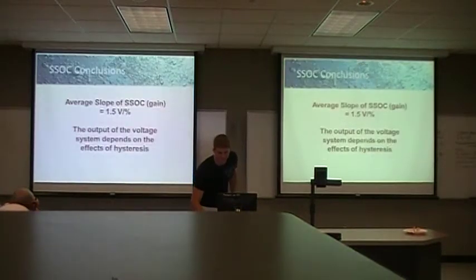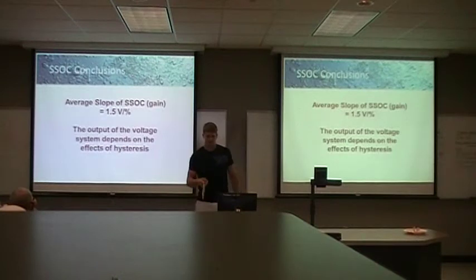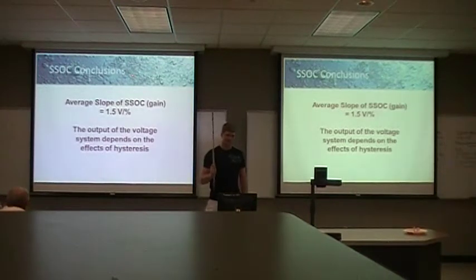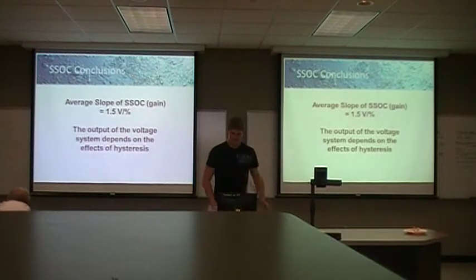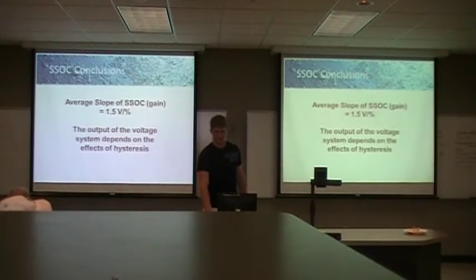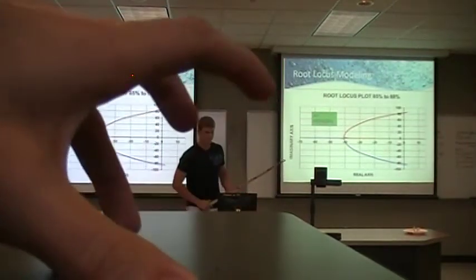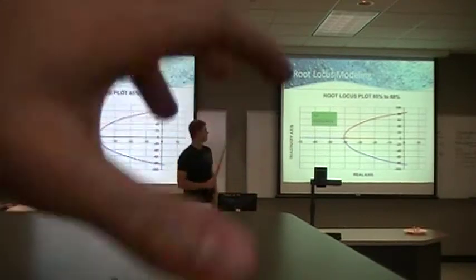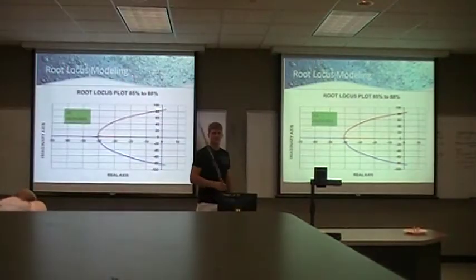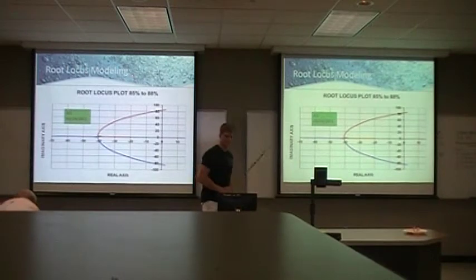For that, we got an average gain of 1.5 volts per percent. This is very, very important. Also, the output of the voltage system depends on the effect of the strips. Here's a root locus plot, just from 85% to 88%. Should have changed that to volts, but sorry.